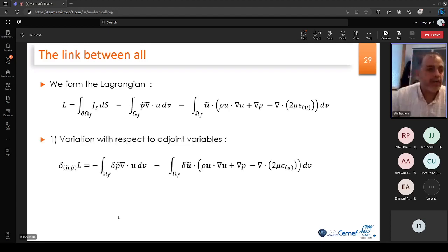So first, if you derive your variation with respect to the adjoint variable, what you will see here is that you have the divergence of U and the Navier-Stokes equation, and this is equal to 0 because you are solving it, and I hope you are solving it well, in order to push it to 0. So this term, by fabrication, will push itself to 0. So we are happy with it. The second one, it's up to you to push it to 0.